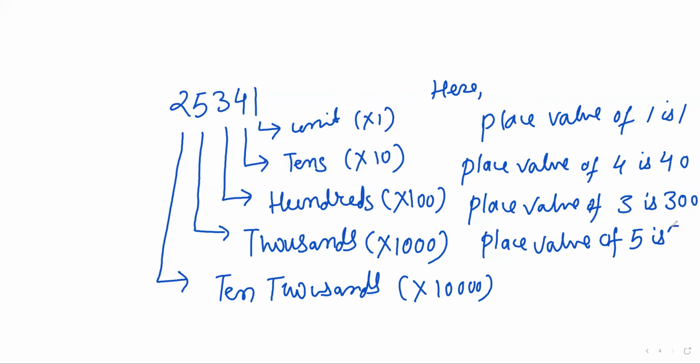Therefore place value of 5 is 5,000, and place value of 2 is, as this 2 is at 10,000 place, 2 multiplied by 10,000, that is 20,000. Therefore the place value of 2 is 20,000.